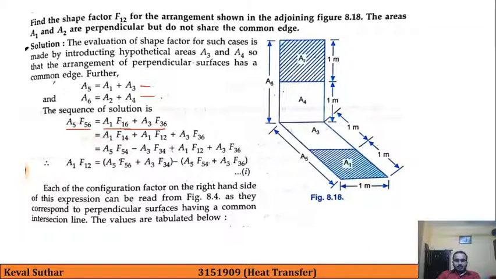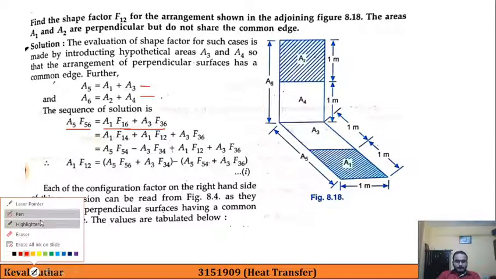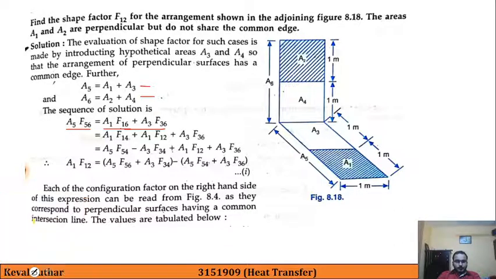Now we will focus on A1 into F16, for which we will be writing down this whole formula.